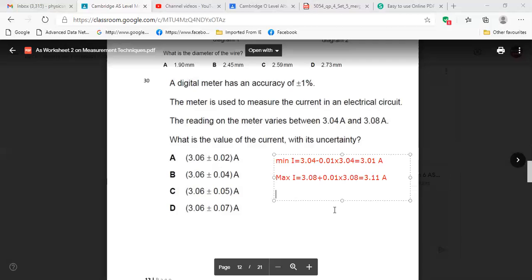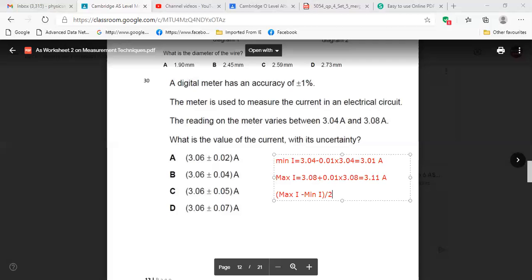Now, if you subtract the minimum of I from the maximum of I, then divide by 2, you must give a bracket here, otherwise the calculation will come wrong. Divided by 2.